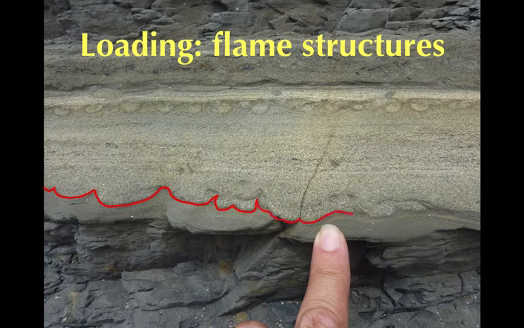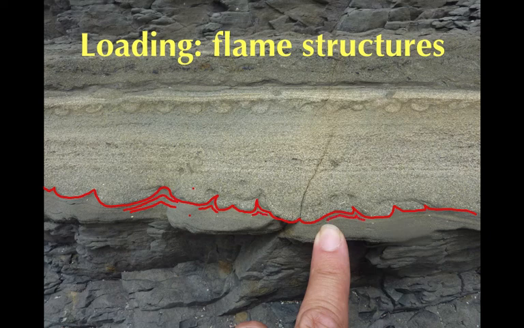And we know that these structures are load structures and not just erosion of the sand into the mud, because if we look carefully, you can see that the layers of mud are injected up into those flames.